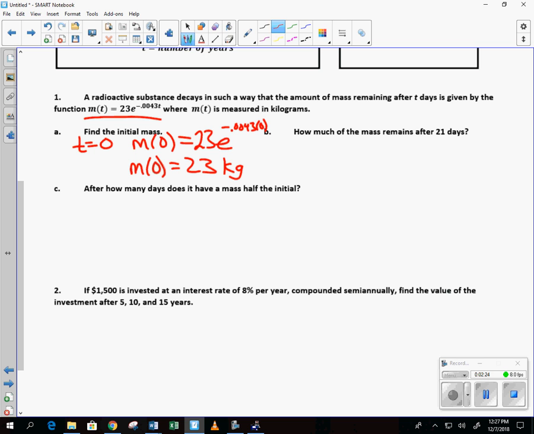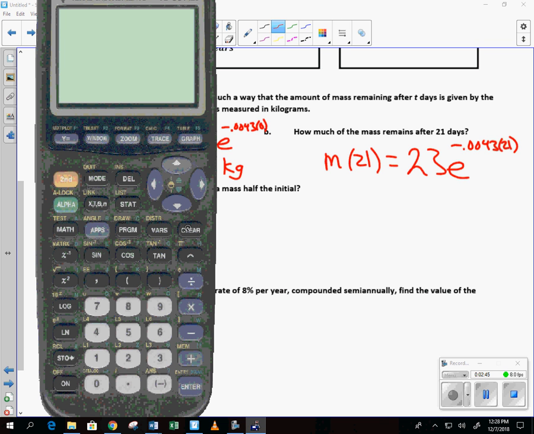How much of the mass remains after 21 days? Now what do you think I do? Plug in 21. So M of 21 is equal to 23 times E to negative 0.0043 times 21. Good thing I got a calculator for that.